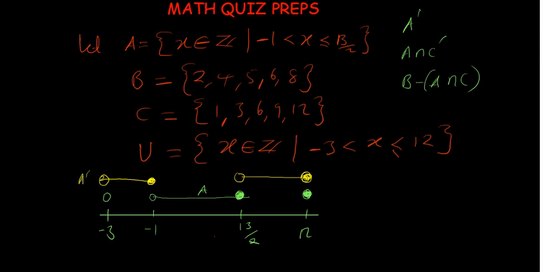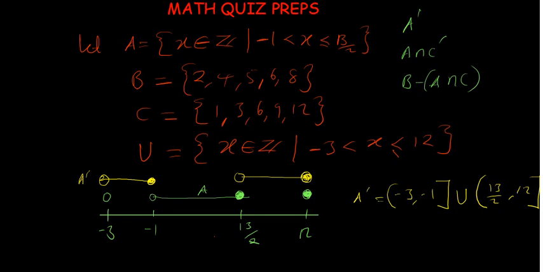Our A complement is going to be from -3 to -1, this is open, this is closed, and then from 13 over 2 up to 12, where we are including 12 but not 13 over 2. So that will be it. Is that okay? Yes.